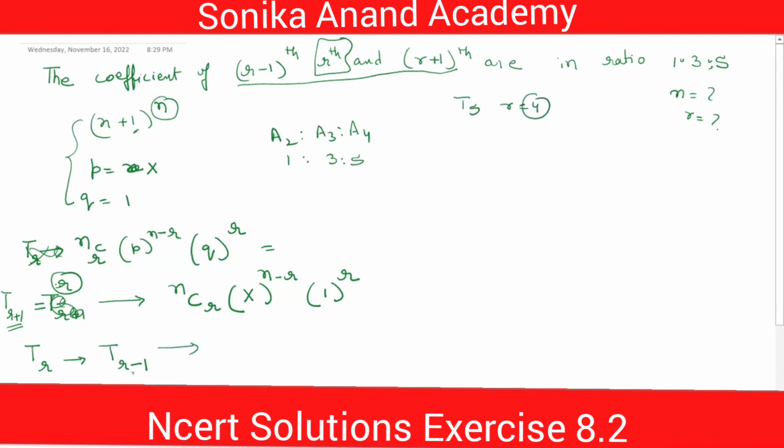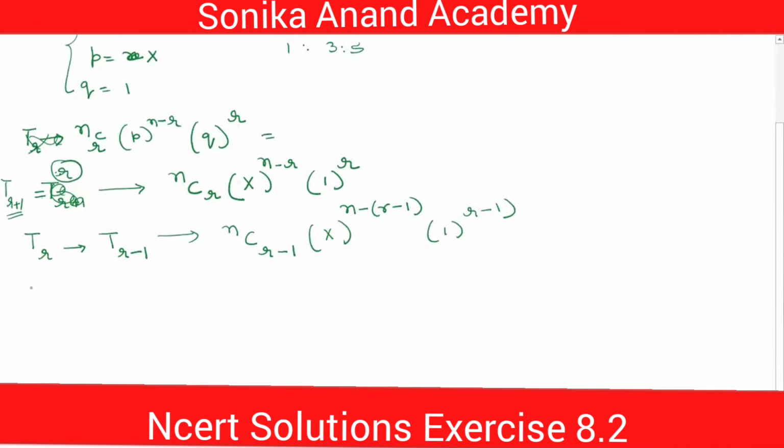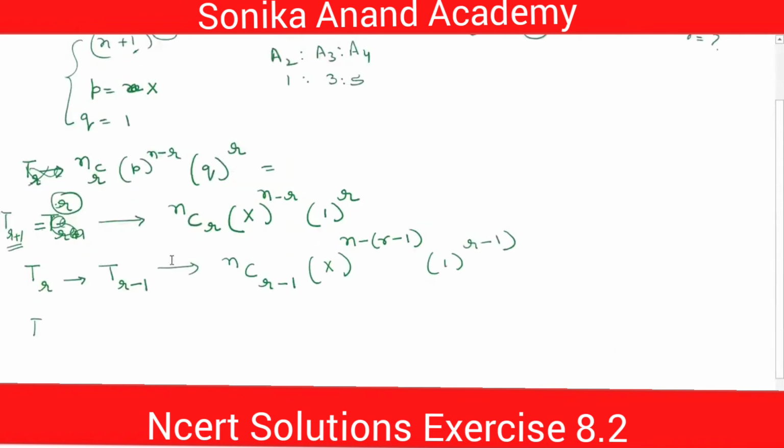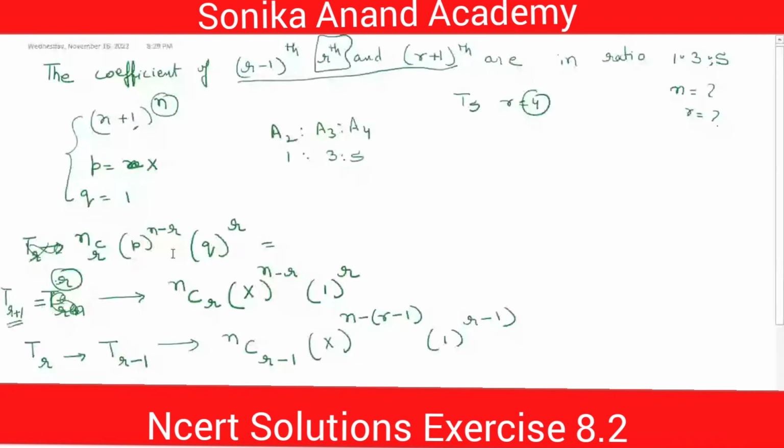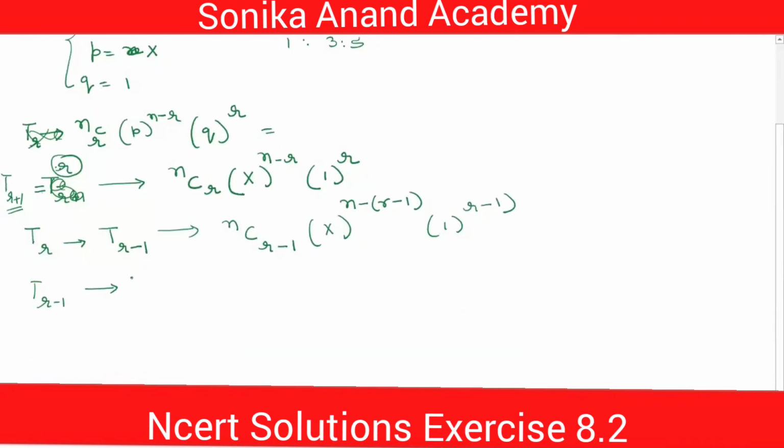So if it is Tr, then r minus 1: nC(r minus 1), x to the power n minus (r minus 1), 1 to the power r minus 1. For the term before that, it becomes r minus 2: nC(r minus 2), x to the power n minus (r minus 2), 1 to the power r minus 2.